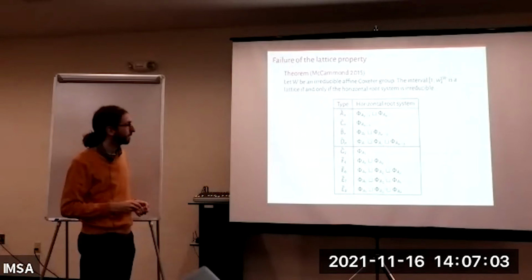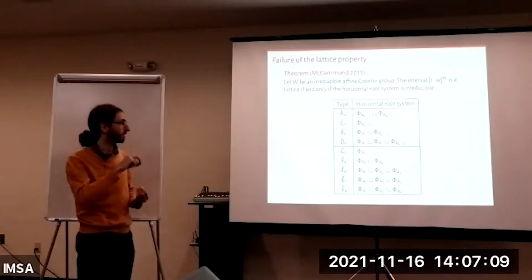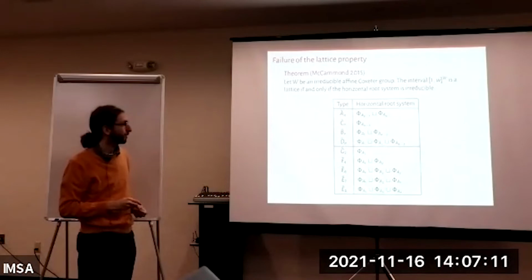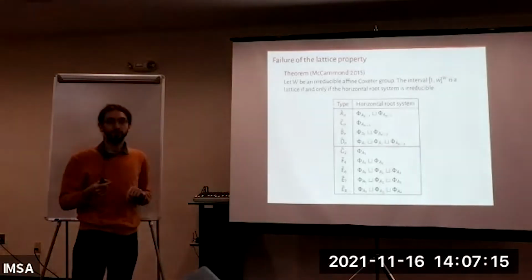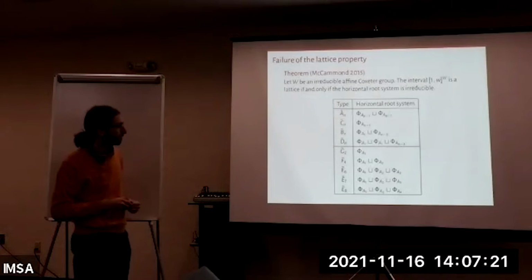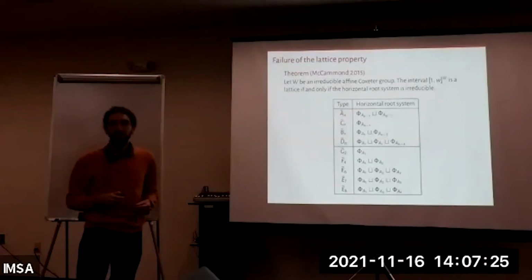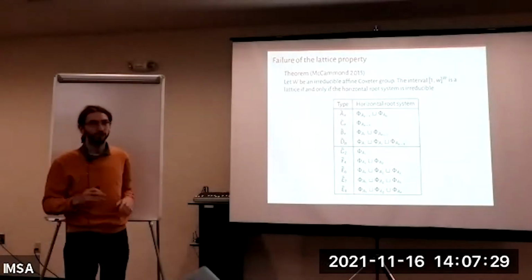In fact, the interval between the identity and the Coxeter element is a lattice if and only if the horizontal roots form an irreducible root system. And this happens in the case C tilde, in the case G2 tilde, and in the case A tilde n, if you choose the right Coxeter element, so not for every Coxeter element.